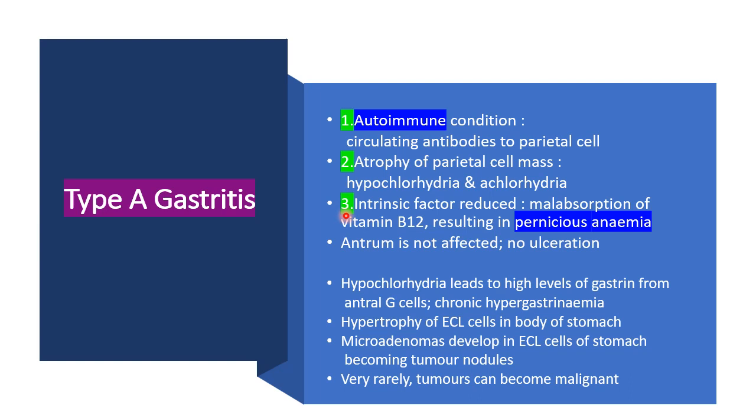Intrinsic factor is also reduced in these patients because of the atrophy of the stomach. As a result, there may be malabsorption of vitamin B12 resulting in pernicious anemia. Normally, the body of the stomach is more affected. The antrum is not affected and there's no ulceration seen in these cases.